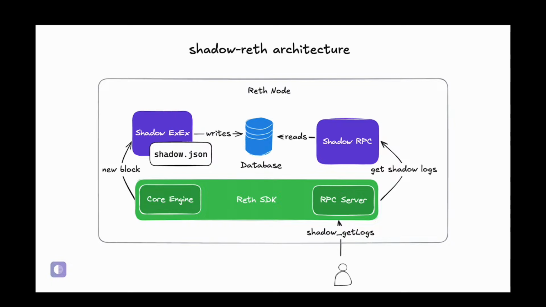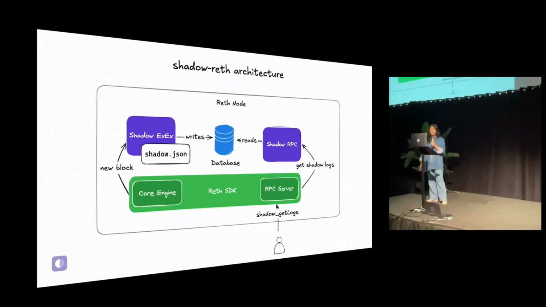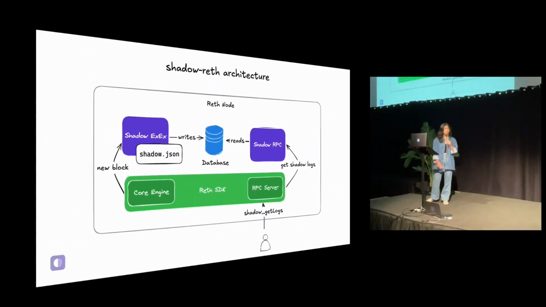And like any ExEx, you get notified of a new block right when that block happens. So when it gets that block, the shadow ExEx runs a custom executor that executes the block with the overridden shadow bytecode. And this executor is really just using revm under the hood.